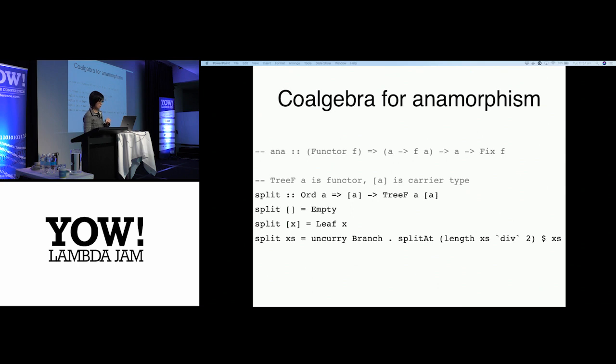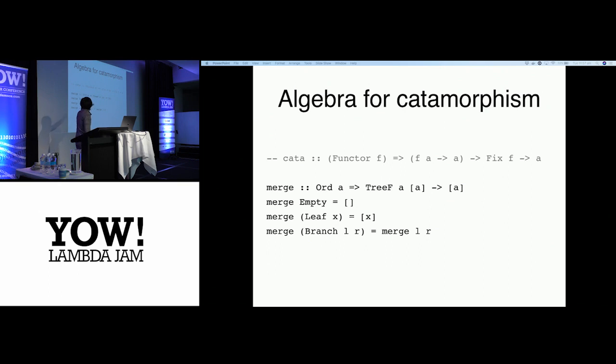And now we also need to consider the catamorphism. For the catamorphism, we need to think about the algebra. Therefore, it is FA to A. And again, because in this case it is the nested structure, I need to fold up to the object, which just happens to be a list again. Therefore, the carrier type is the list.